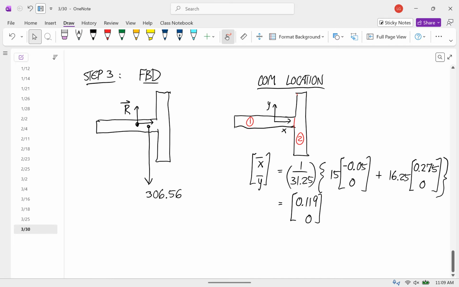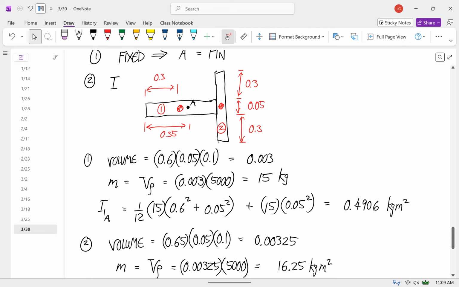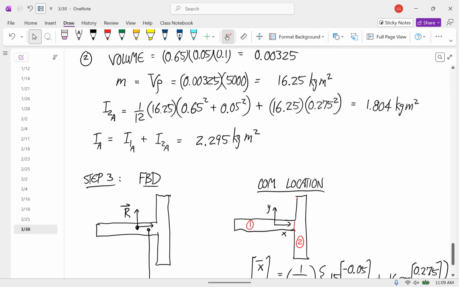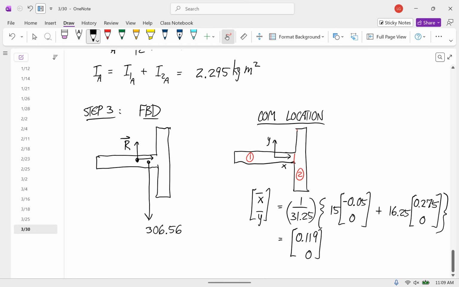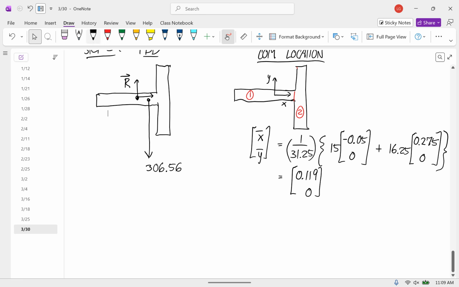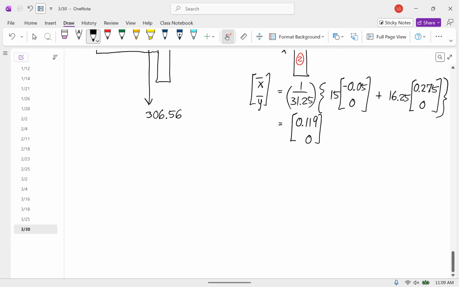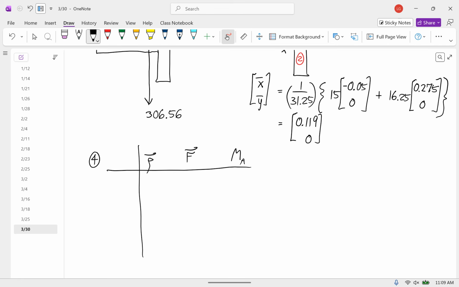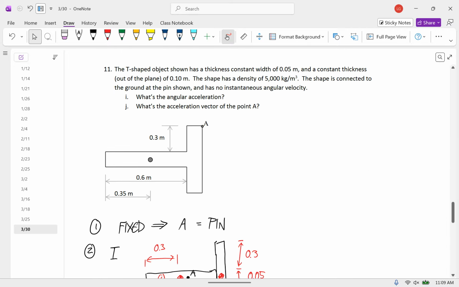So it's to the right of the pin, a distance of, looking at the free body diagram, 0.119 from that. So now we can set up the table. We only have 2 forces, just making sure.